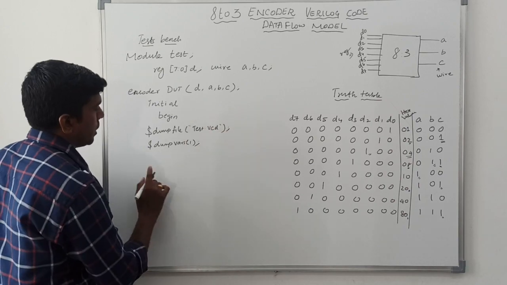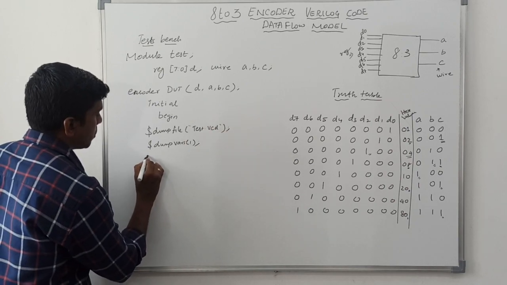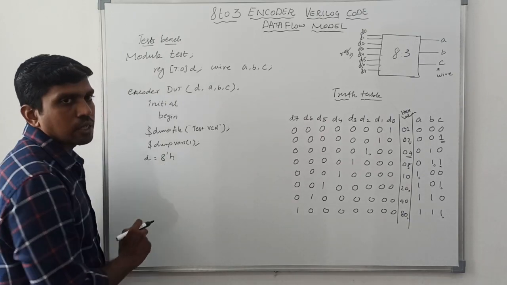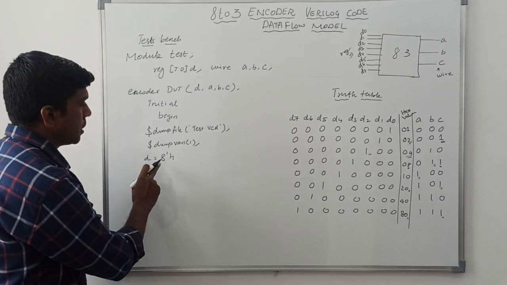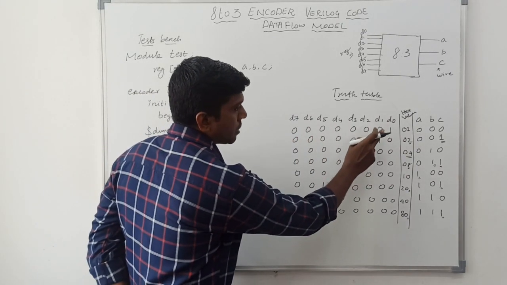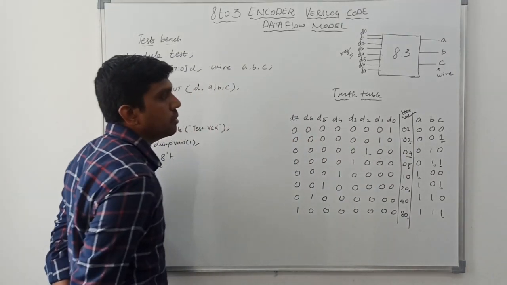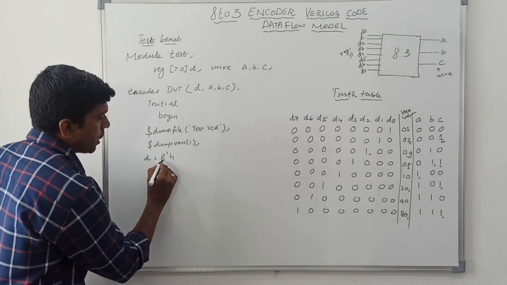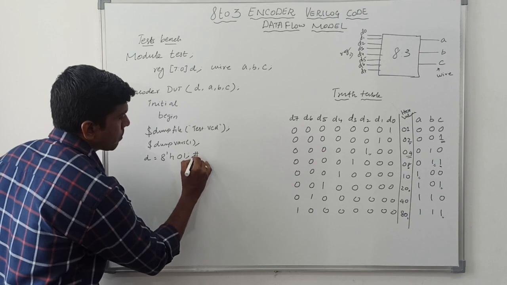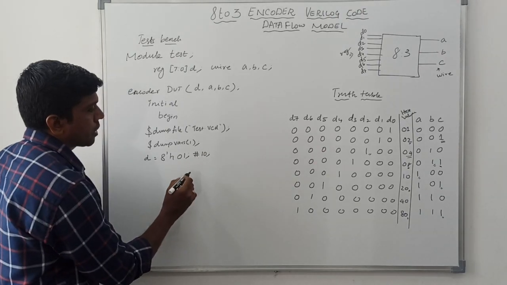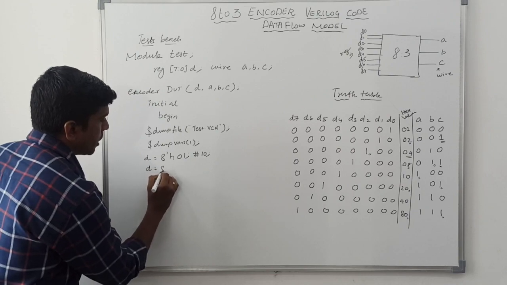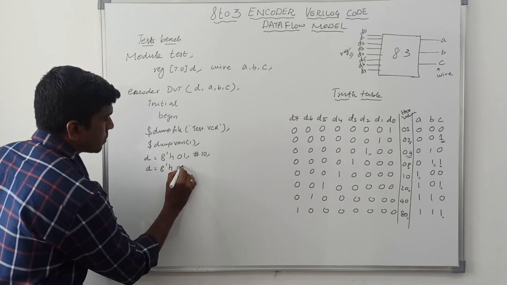Then declare the input variables. So D equals 8'h01. This h represents hexadecimal number, and this 8 represents an 8-bit value. So here the input is an 8-bit value, and that input value is represented in hexadecimal numbers. After 10 nanoseconds, change the D value. So D equals 8'h02.